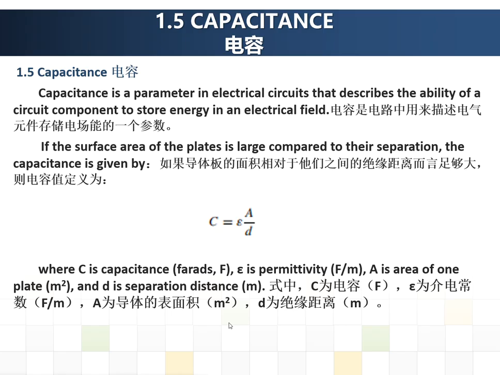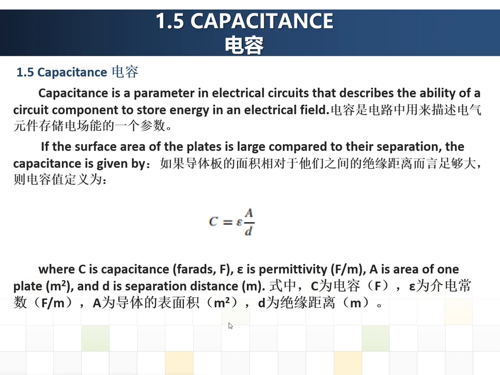If the surface area of the plates is large compared to their separation, the capacitance is given by C is equal to epsilon multiplied by A divided by D. C is the capacitance.